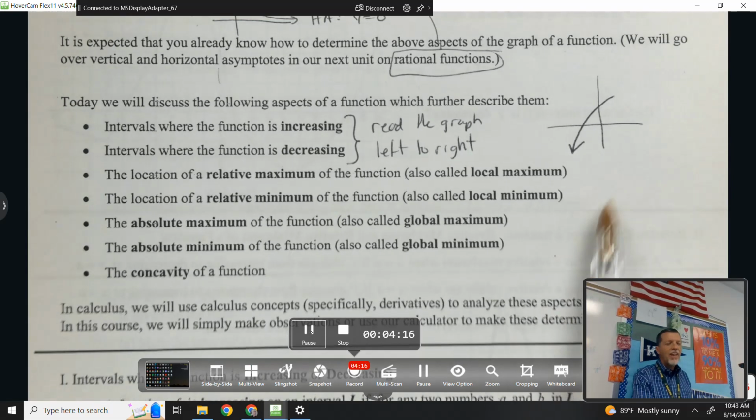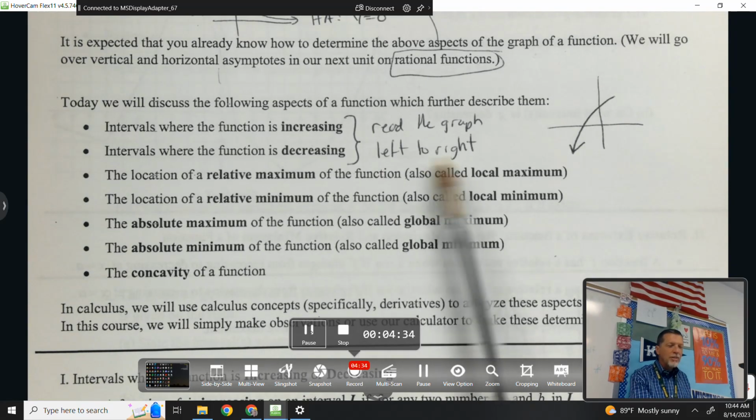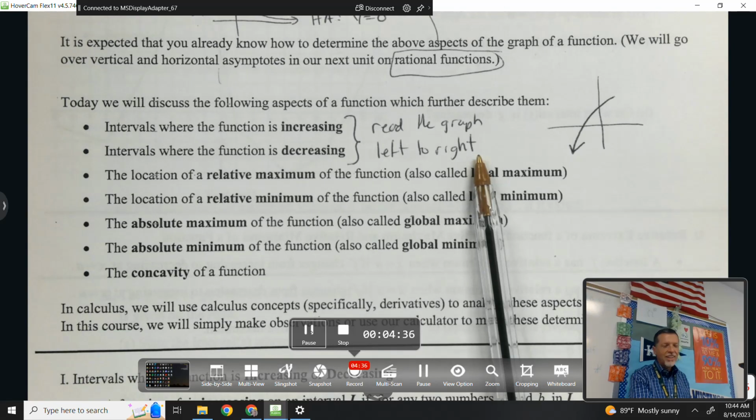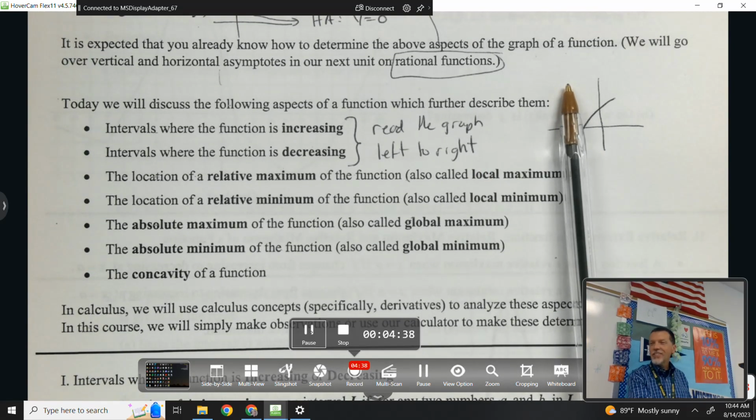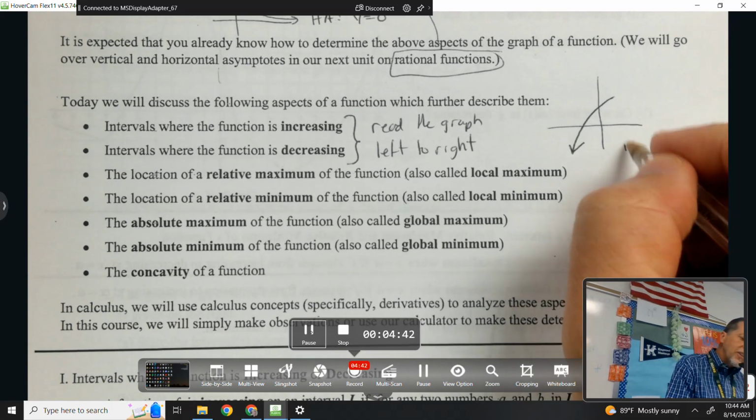If I draw that graph, is that graph increasing or decreasing? Well, I've intentionally tried to fool you with that one. But if you read that graph from left to right, so ignore that arrow that's on there that's trying to trick you into saying decreasing, that is an increasing graph.